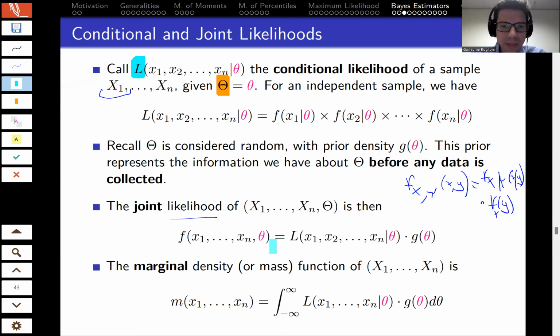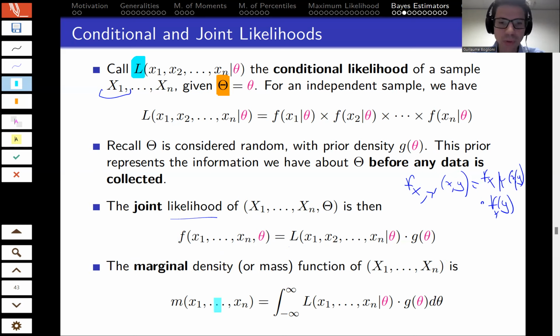So now we have the joint of all the observations and theta. We can get, if we want, the marginal density of the observations, the vector of random variables x1 up to xn.